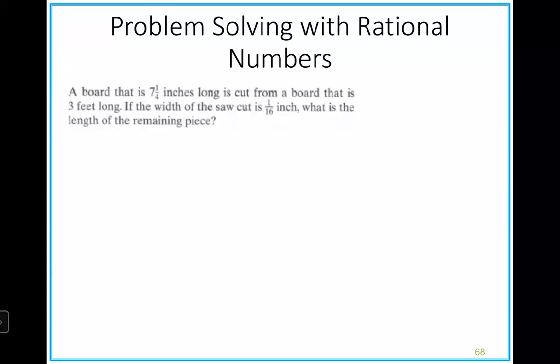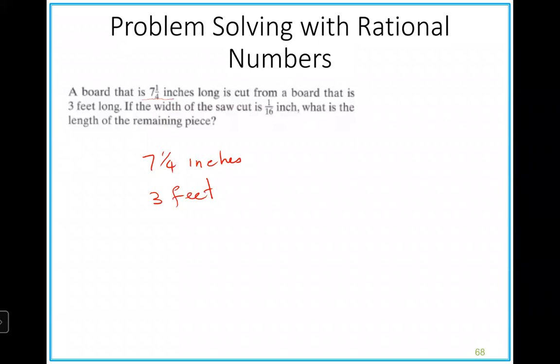Okay, so it says a board that is 7 1/4 inches long is cut from a board that is 3 feet long. So this is 7 1/4 inches, and then you have a piece of wood that is 3 feet. So originally, the piece of wood or board was 3 feet.